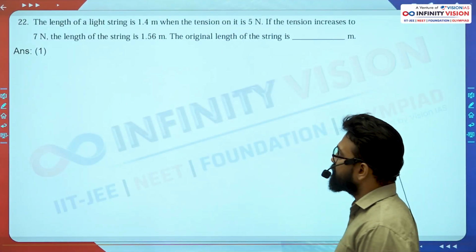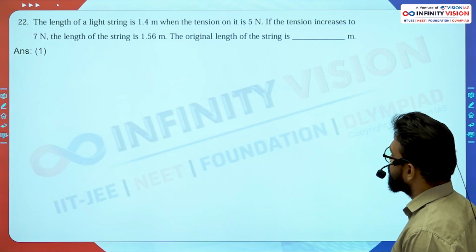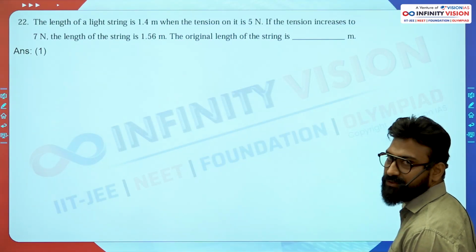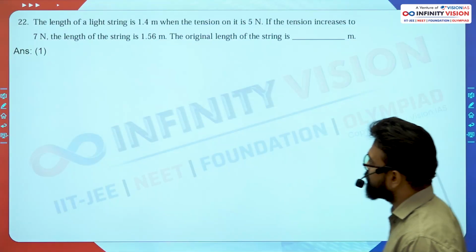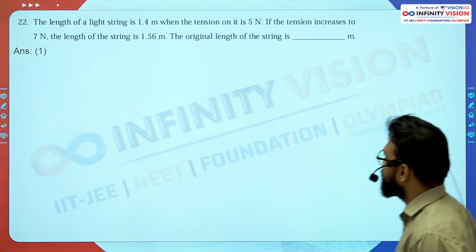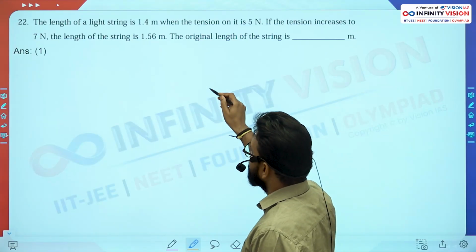Next, the length of a light string is 1.4 meter when the tension in it is 5 Newton. If the tension increases to 7 Newton, the length of the string is 1.56. What is the original length of the string?